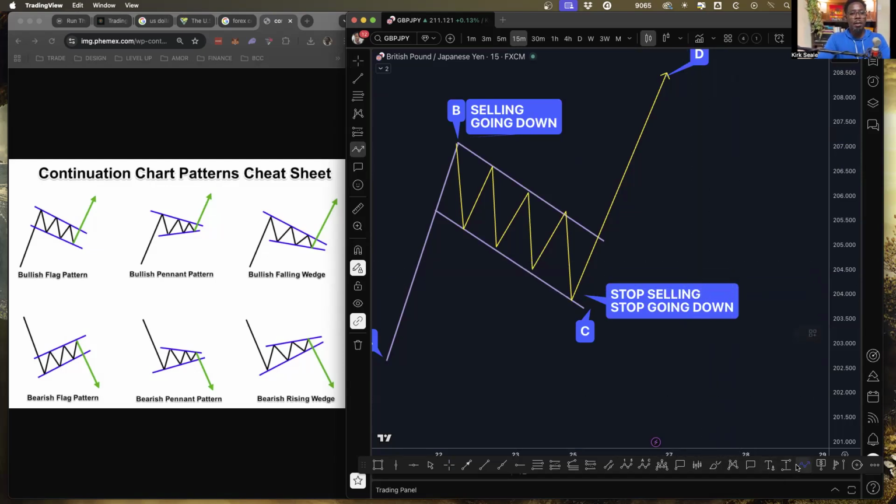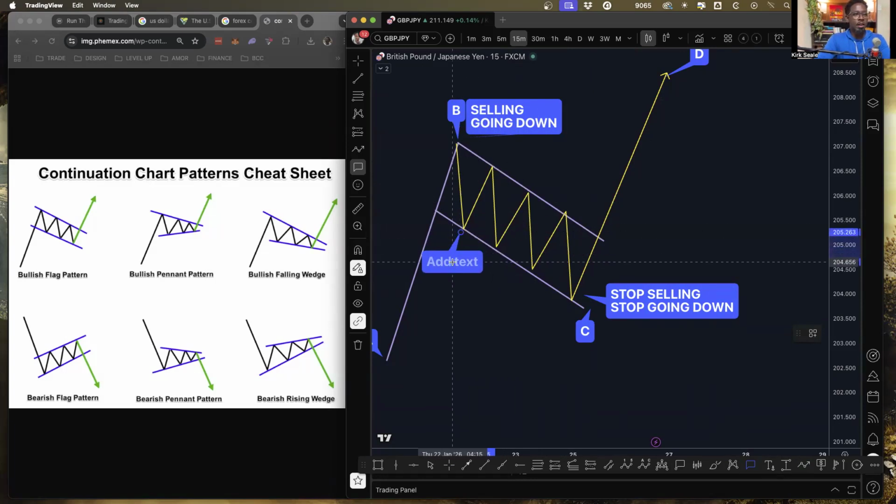Now, what I need to make sure that you understand is, can someone tell me in the chat, what is the structure of an uptrend? An uptrend is a series of something and something else. You could type that in the chat.